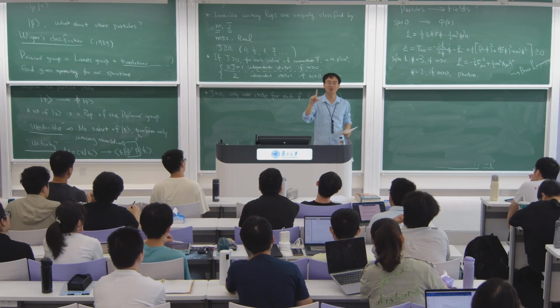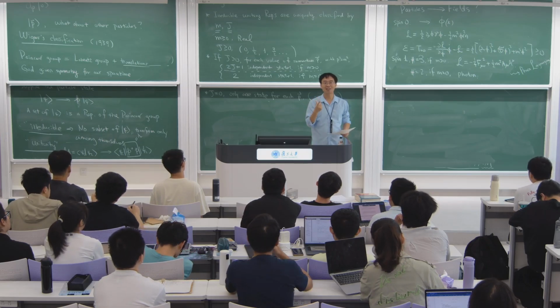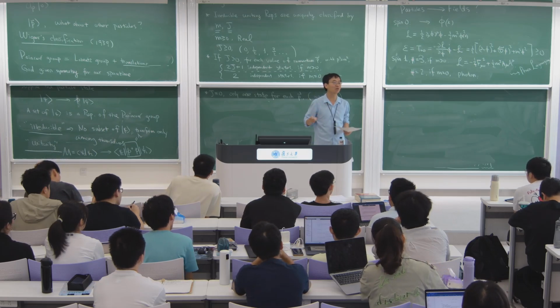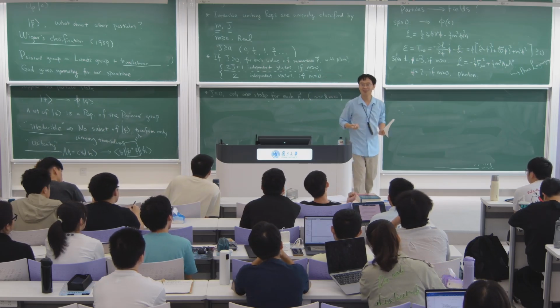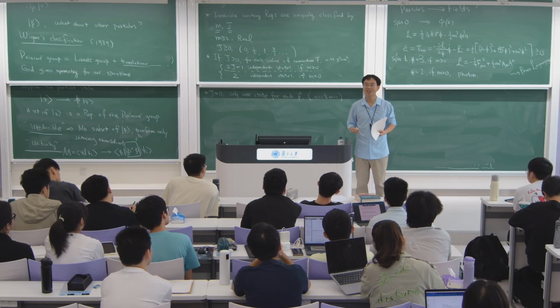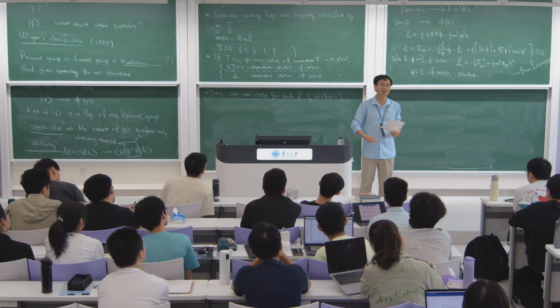Naively, you have 4 components at each point, so you may say I have 4 degrees of freedom. 4 is greater than 2, right? Now you have 2 redundant degrees of freedom, so you have to somehow cook up your theory to remove these 2 redundant degrees of freedom.